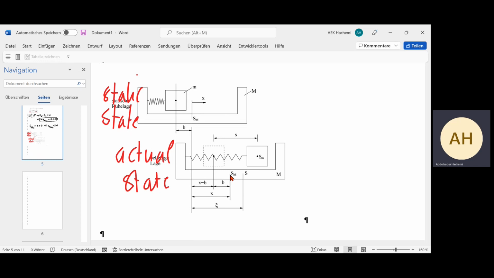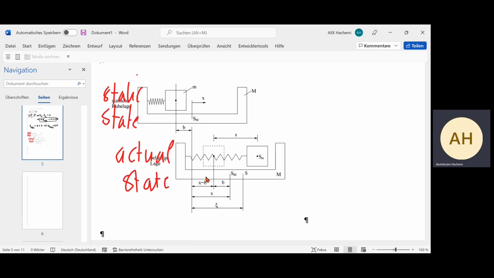This is the new position of the gravity center of the capital letter M, which has now moved a certain distance x.